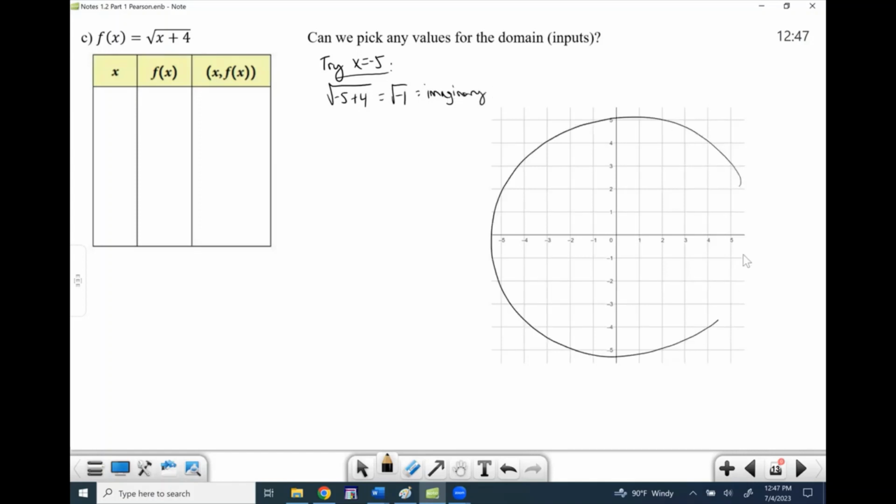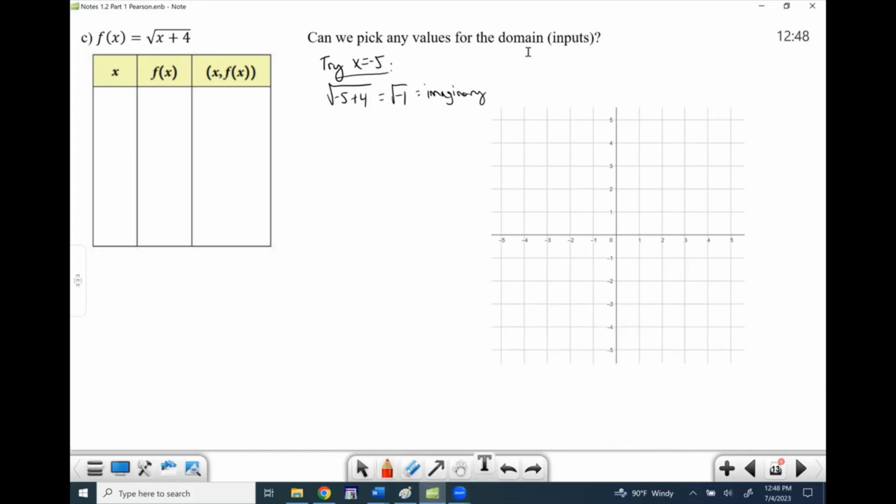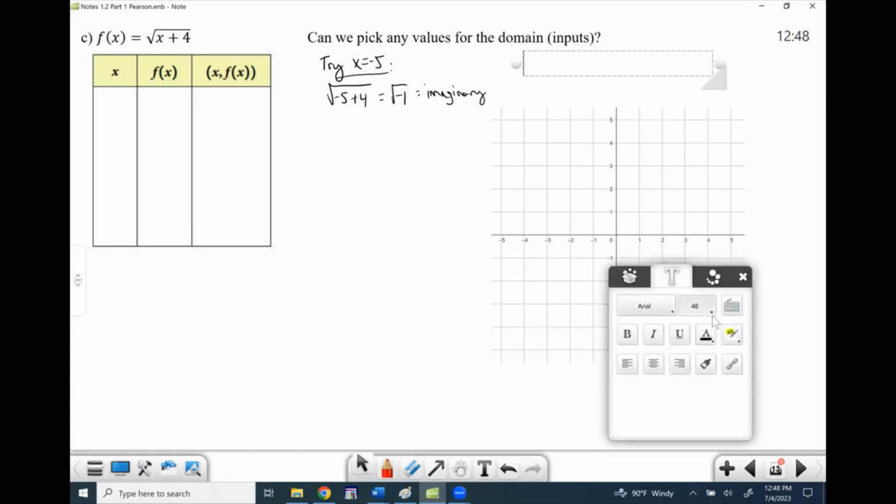And remember, this is the real number plane, right? There's only real numbers on here. We're not on the complex plane. So there's no imaginaries here, okay? So we can't go picking stuff like negative 5, negative 6, negative 7. The smallest value we can pick, I claim, would be negative 4. So we'd have to pick negative 4 and up.